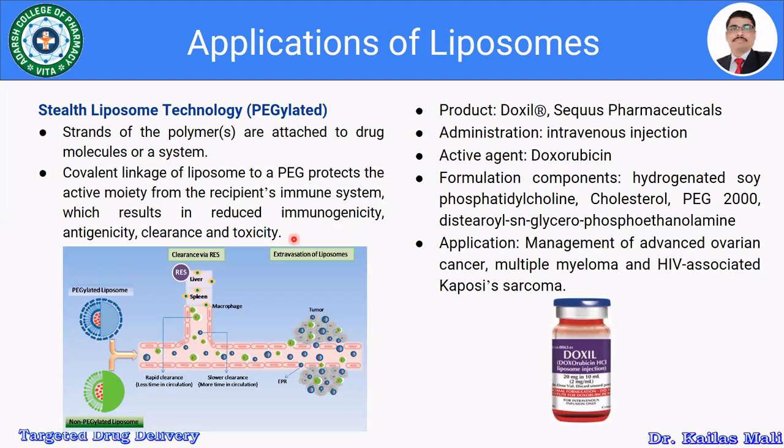One product available in the market based on the stealth liposome technology is known as Doxil, which is developed by Swiss Pharmaceuticals. It is given by the intravenous route and is available as an intravenous injection.